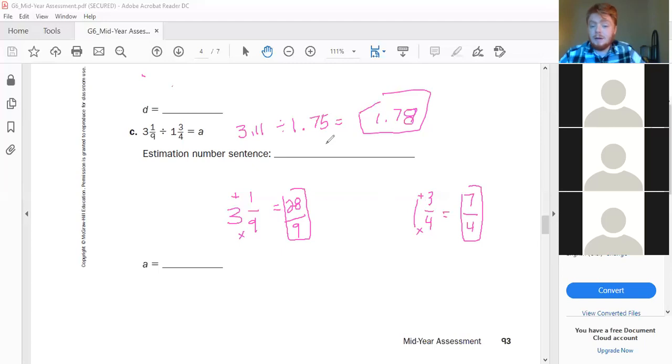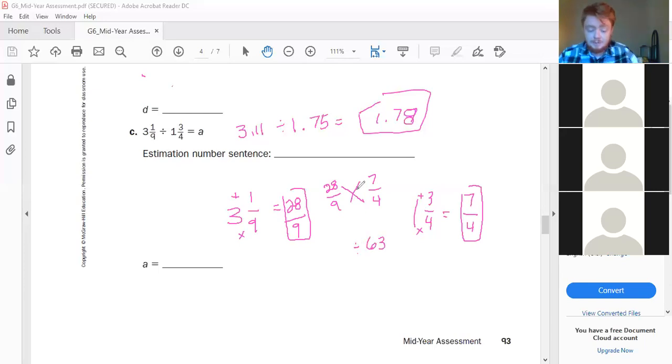So now all I have to do is cross multiply. So I have 28 over 9, cross multiply, 7 over 4, okay? I already know 9 times 7 because most of us, I think, know our 9s at least, but that one's 63, okay? Boom, boom.